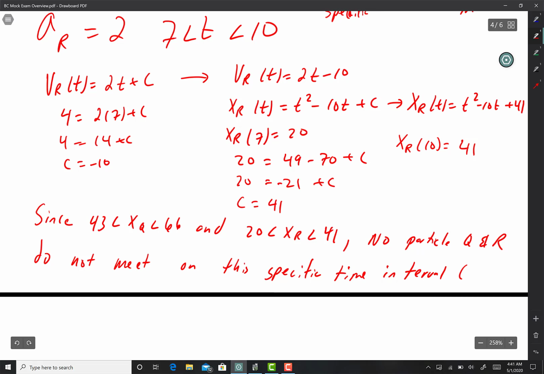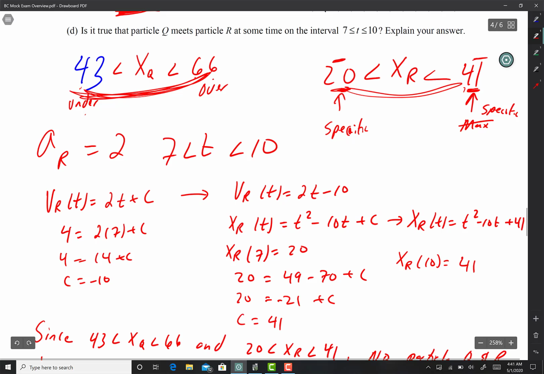And if you want to put the time interval, you can. But you already said the word specific, so they know that you're referring to this one.